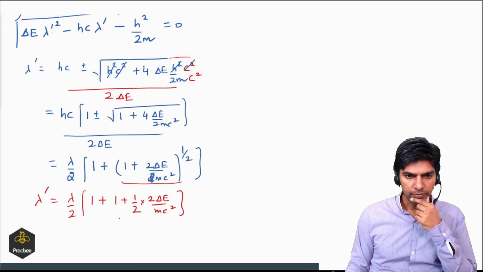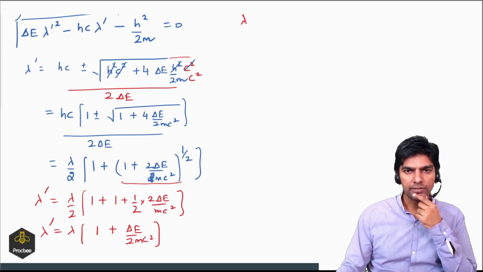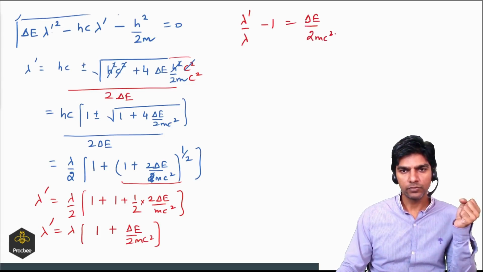Okay, so let us simplify this further. So lambda times 1 plus delta E by 2mc square is equals to lambda prime. Now from this, lambda prime by lambda minus 1 comes out to be delta E divided by 2mc square.